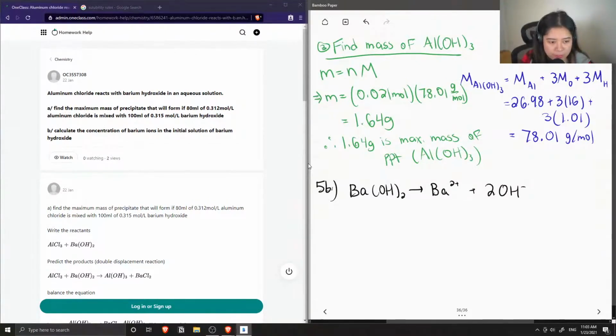So if we see here, barium hydroxide and barium 2 plus are at a 1-to-1 ratio. So therefore, the concentration of barium hydroxide would then be equal to the concentration of our barium ions.